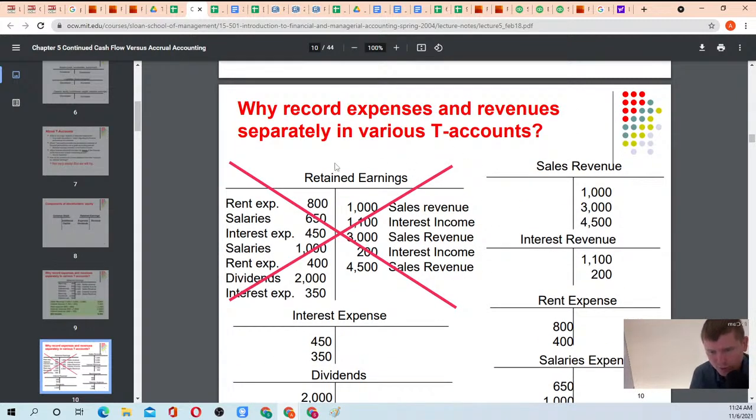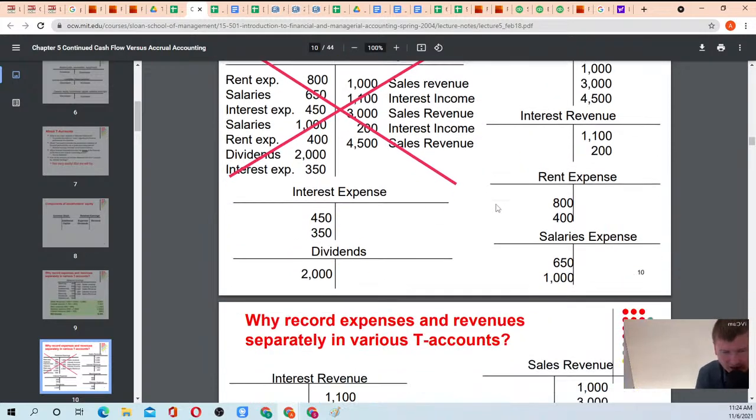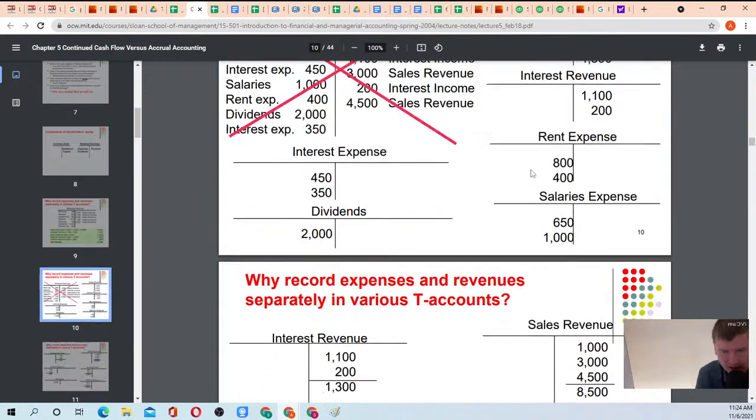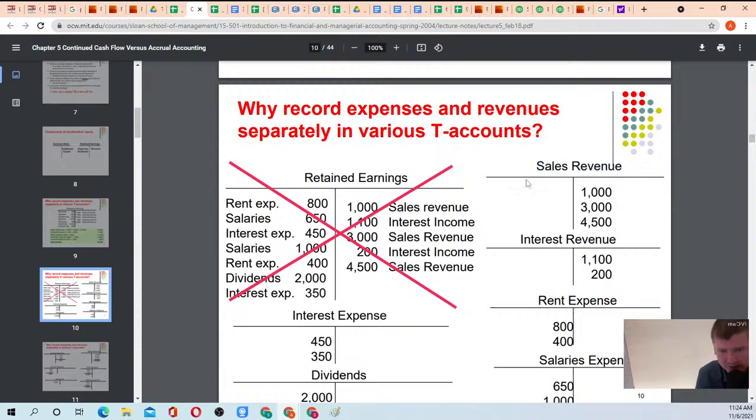So what do we see here? We see that instead of recording all the income and expense transactions in the retained earnings, we do separate T accounts for every account.